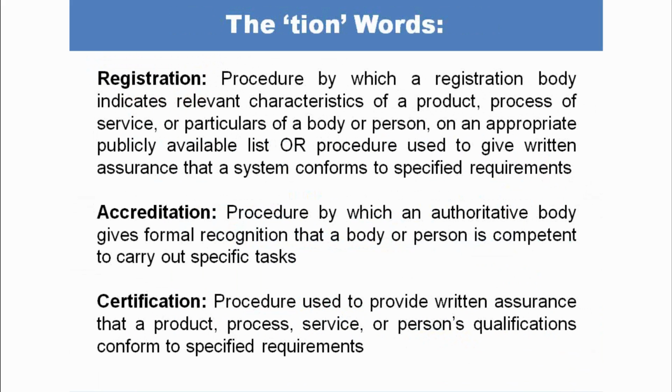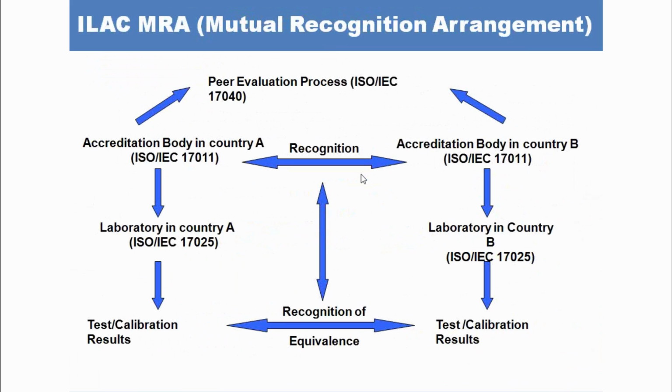Certification applies mostly to persons and products. The CE marking, for instance, is a certification. So you need to be able to differentiate between certification, accreditation, and registration. I've used examples of quality management system registration, laboratory management system accreditation, and lead assessor certification to distinguish these three commonly confused terms.